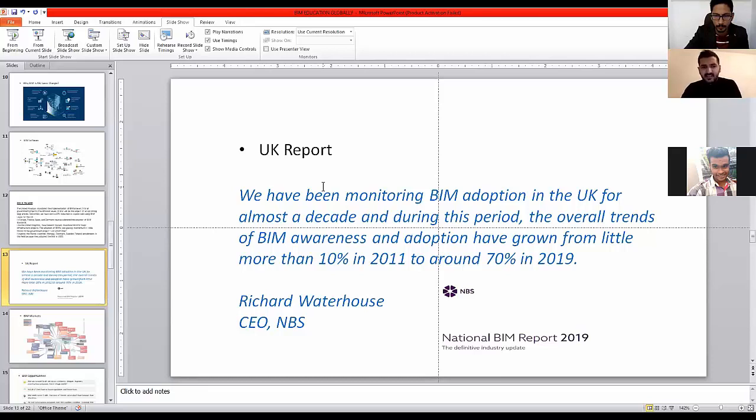As mentioned in the PricewaterhouseCoopers UK report: we have been monitoring BIM adoption in the UK for almost a decade, and during this period, the overall trends of BIM awareness and adoption have grown from little more than 10% in 2011 to around 70% in 2019. So 70% implementation of BIM. I think it's a good example to follow.